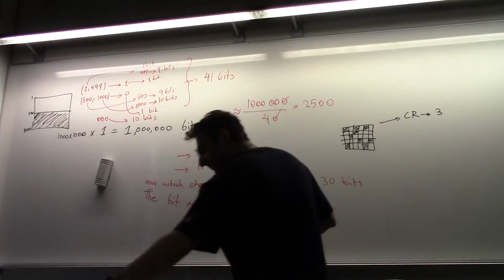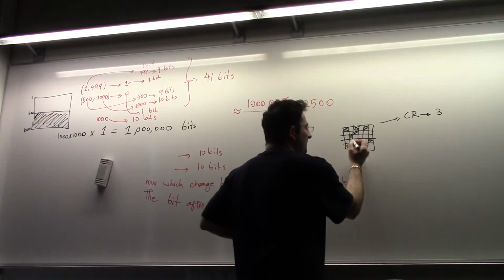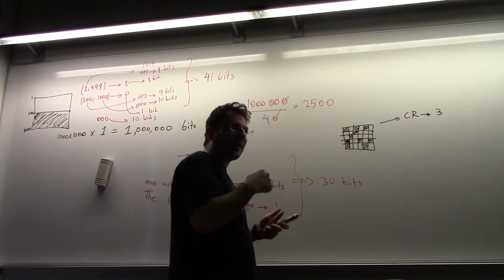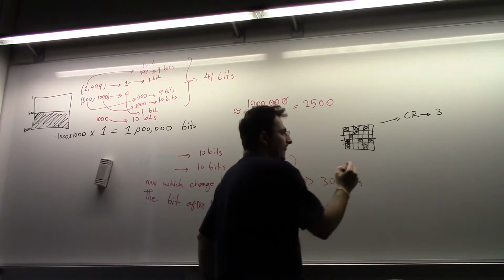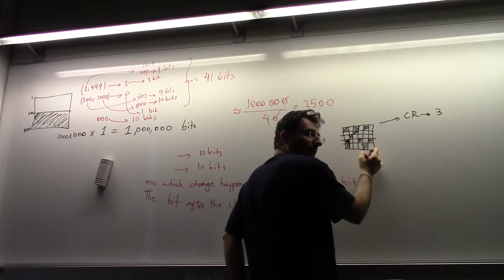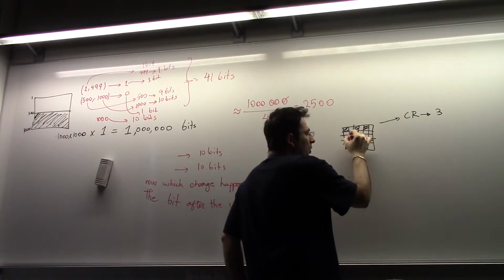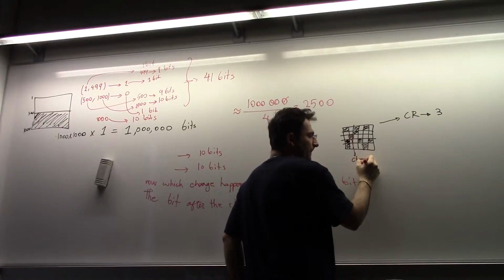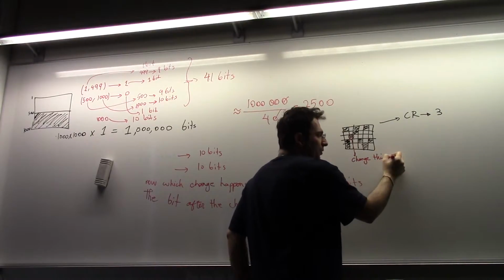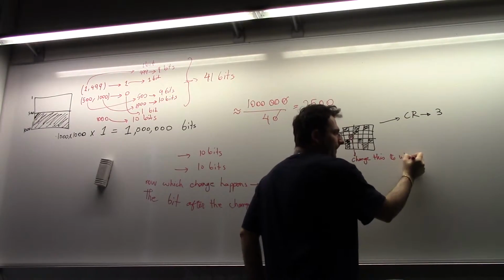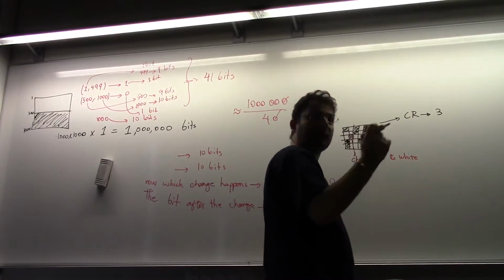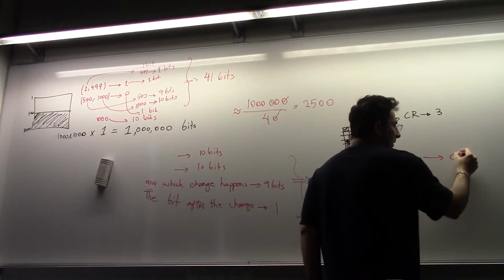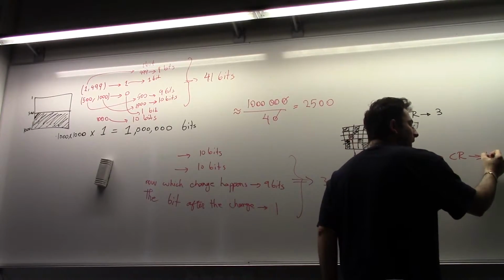But imagine we also had this one, okay? And I tell you that, look, if you ignore this bit, if you change this one to white, I can give you another technique which compresses this one 15 times.